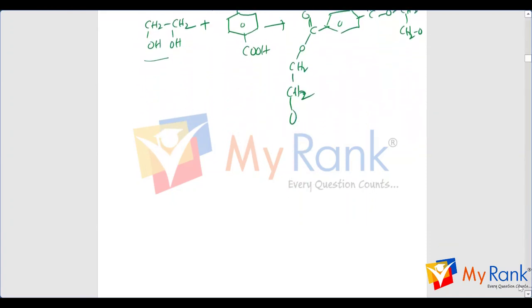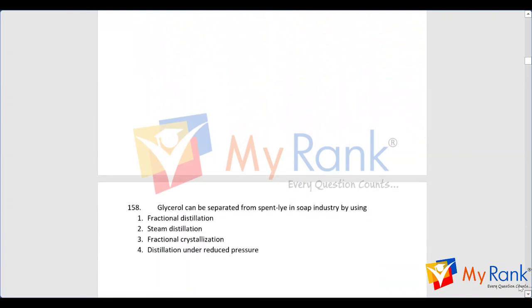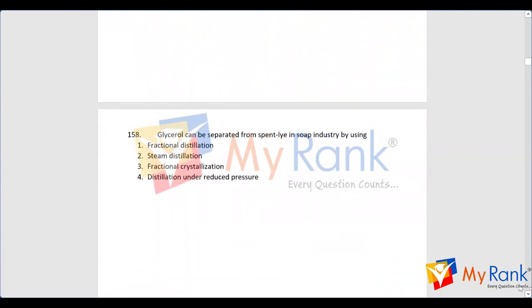The next one is question number 158. Now, glycerol can be separated from spent lye in the soap industry by using which method? You take any oil: coconut oil, groundnut oil, linseed oil, any oil.